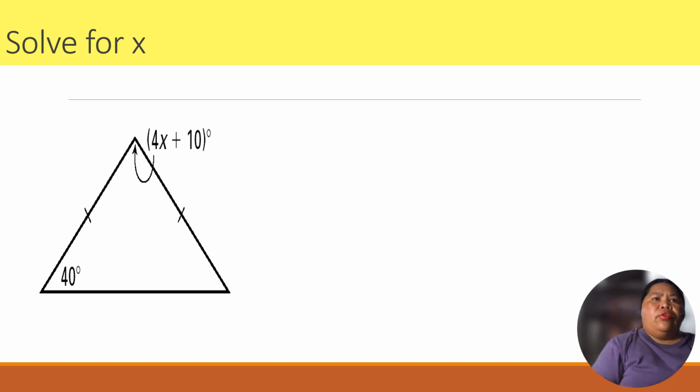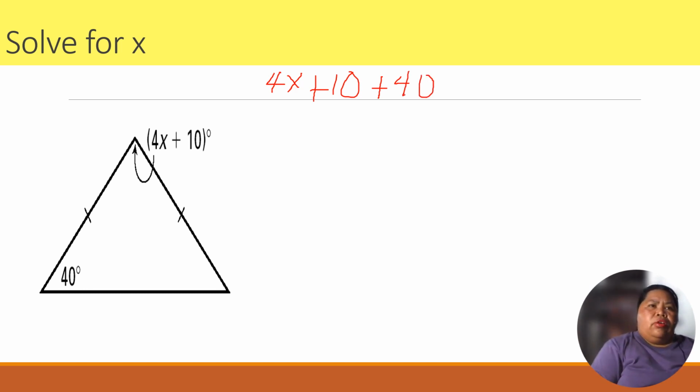Okay, so let us solve for x here. We have 4x plus 10 plus 40. It says that opposite angles are congruent, so the other angle is also 40.